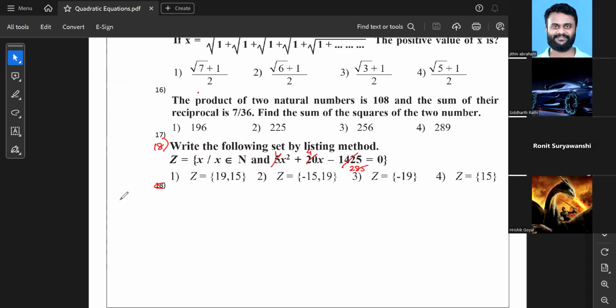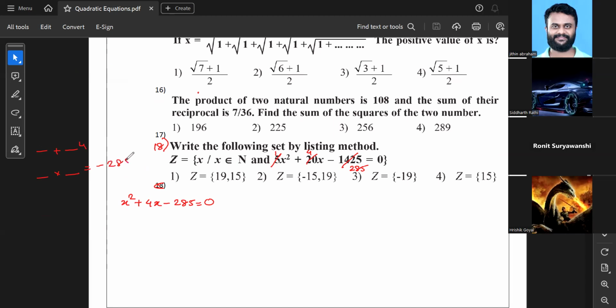So my equation is now x squared plus 4x minus 285. I need two numbers which, when I add, I must get 4, and when I multiply, I must get minus 285.